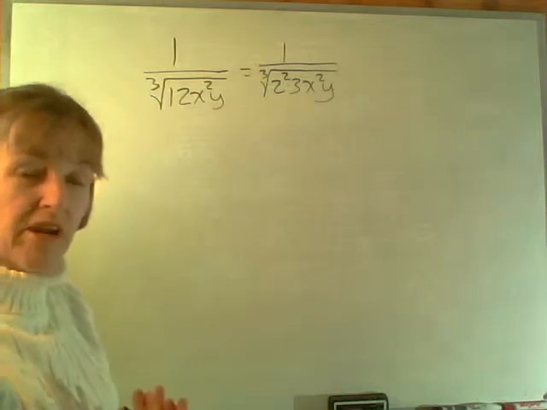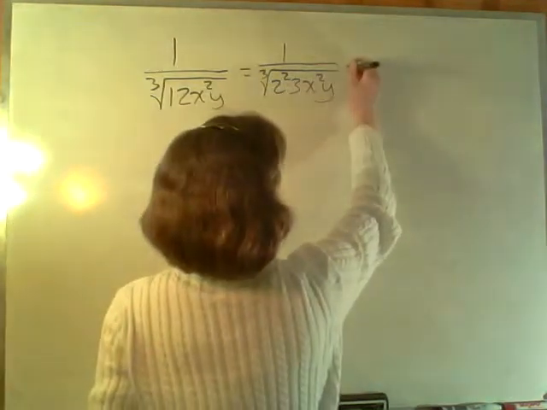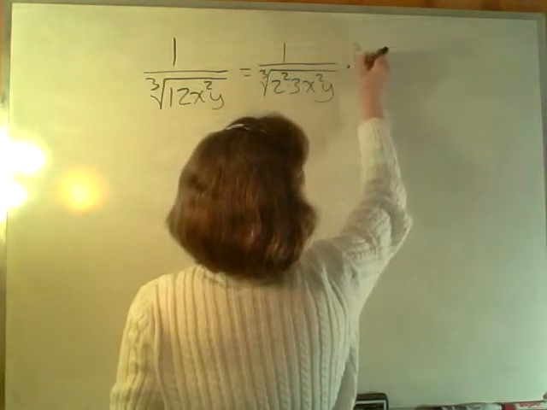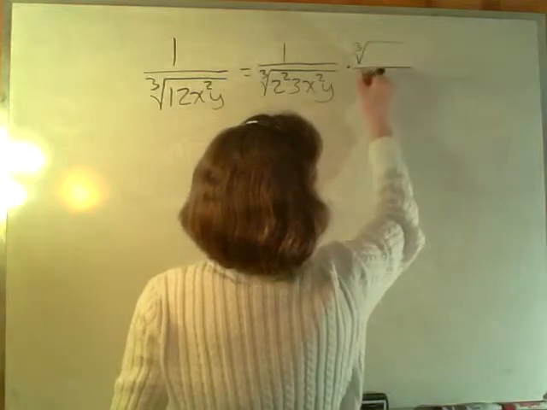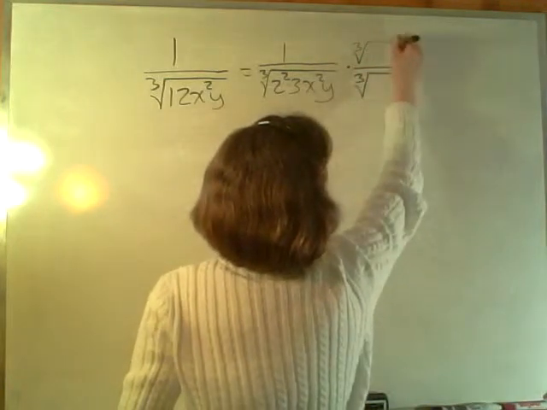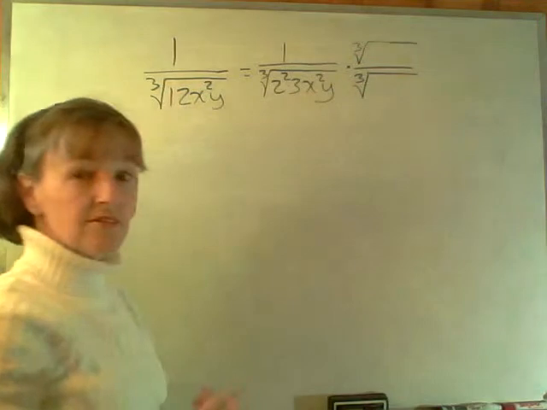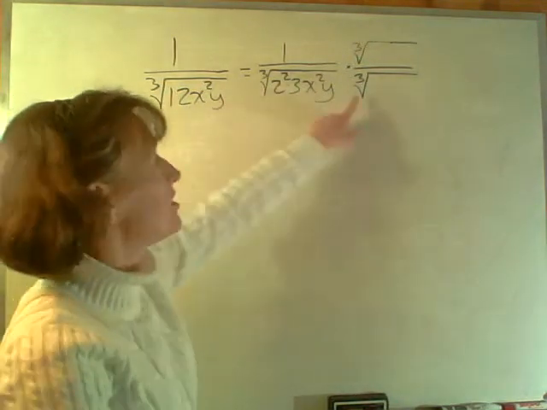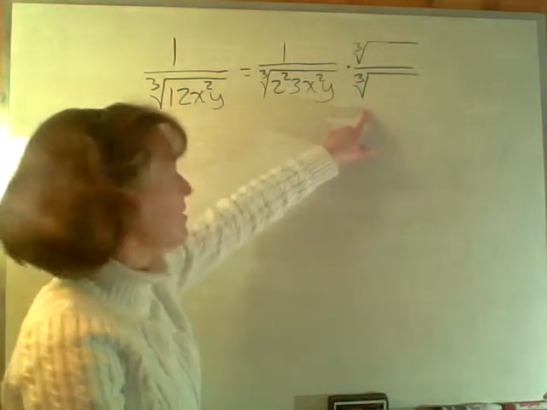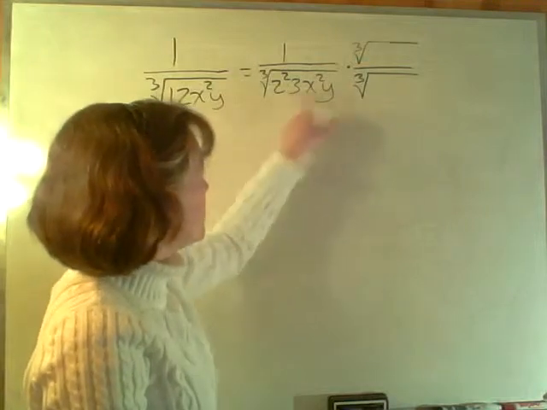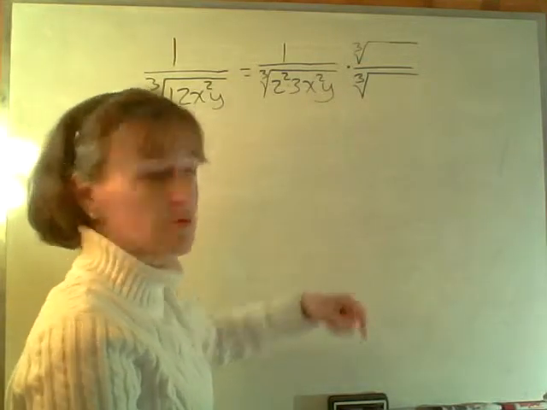So I'm going to have to rationalize it as it is, which means I'm going to be multiplying by the cube root of something over the cube root of something. Since I'm rationalizing a cube root, I need a cube root to do that. Now, remember, I need 3 of everything in order to remove the radical.